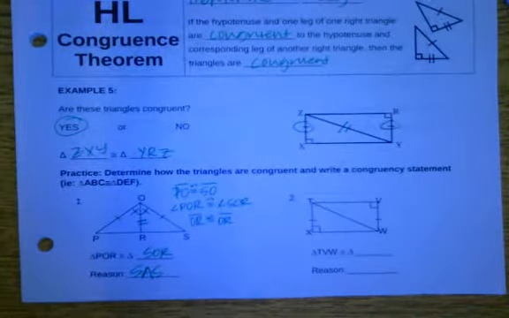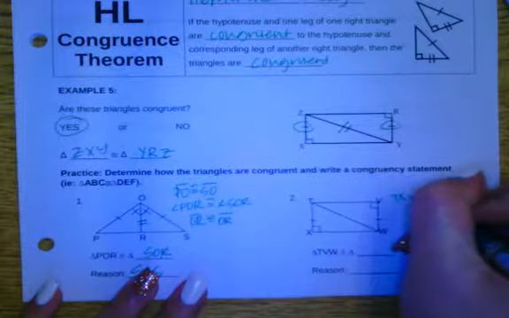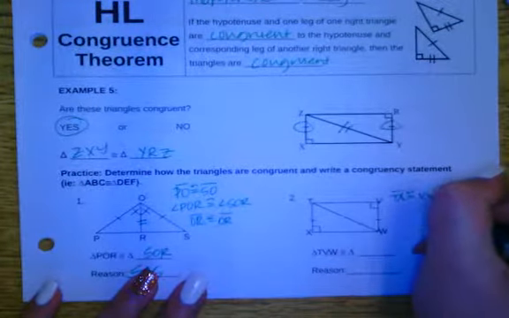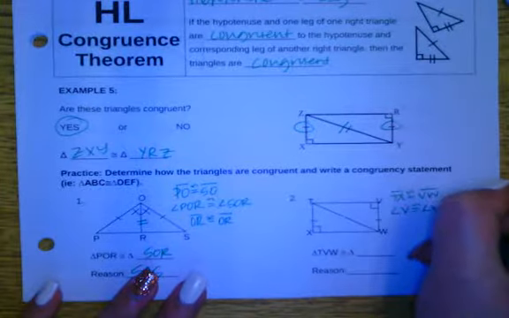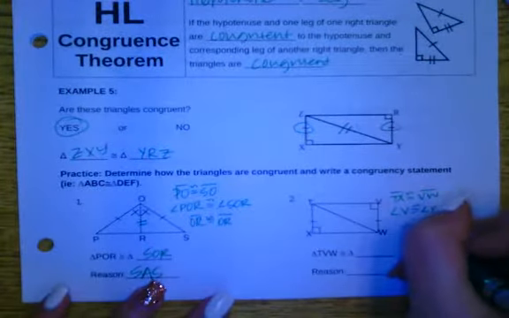Okay, number 2. When you have that right angle, you should immediately start thinking about hypotenuse leg. We know that TX is congruent to VW. We know that angle V is congruent to angle X. What else? TW is congruent to TW. Very good.